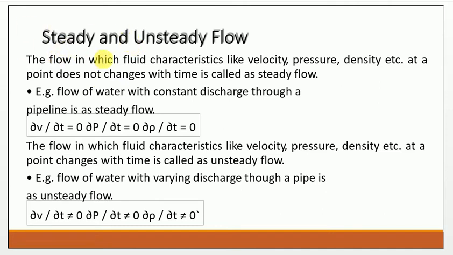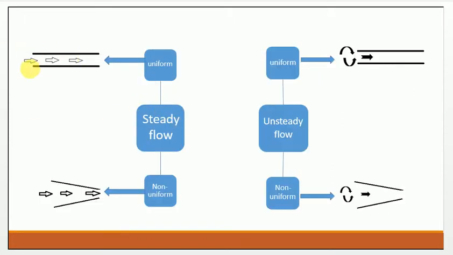The flow in which fluid characteristics like velocity, pressure, density at any point do not change with respect to time is known as a steady flow. It means that at any given point, the velocity does not change over time.